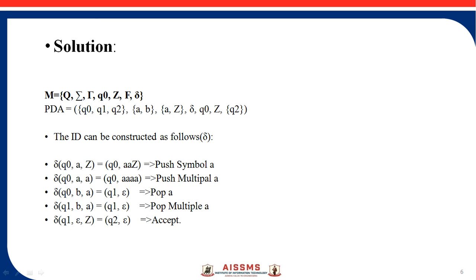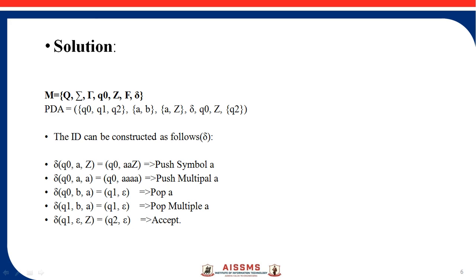Then we define the tuple, that is M equal to (Q, Σ, Γ, q0, Z, F, δ). Q means the set of states. In this transition we see that q0, q1 and q2 are the states. Σ means the input alphabets a and b.